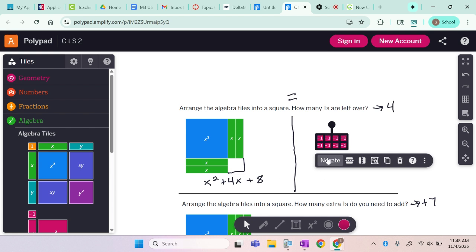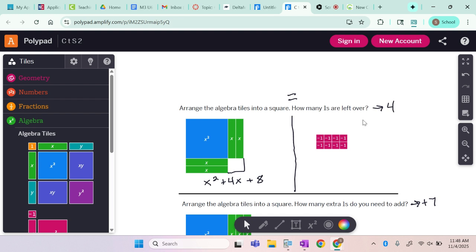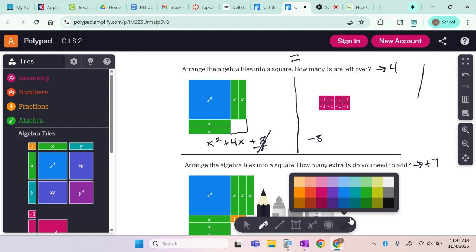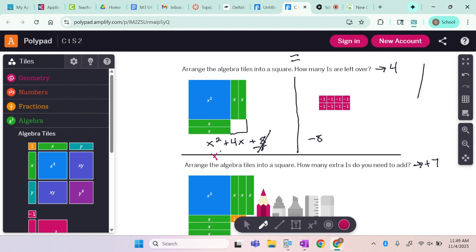So I'm just going to hit negate. So in other words, I subtracted 8 from both sides. So now I have x squared plus 4x, and I'm going to leave a big space to represent I need to fill it with whatever I need to add. I'm going to set it equal to -8.